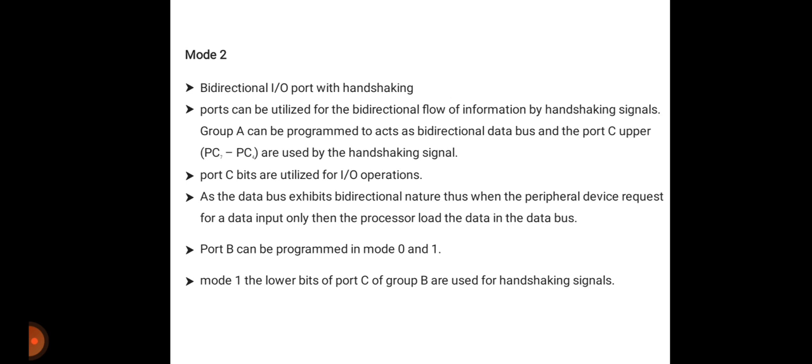As the data bus is bidirectional, when the peripheral device requests data input, then the processor loads the data on the data bus. Port B can be programmed in mode 0 and mode 1, and in mode 1 the lower bits of port C of group B are used for the handshaking signals. So in this way mode 2 operates.